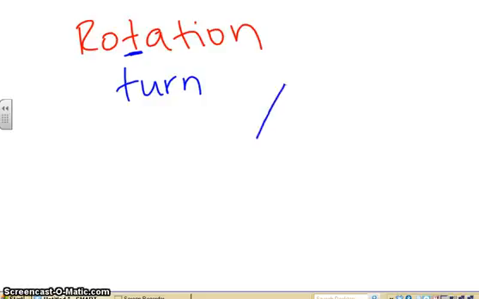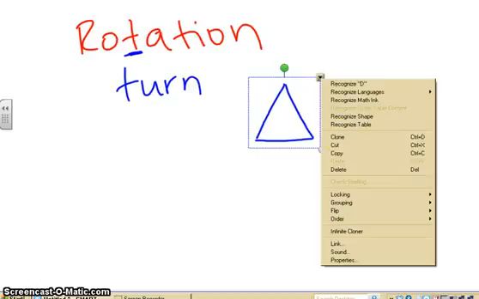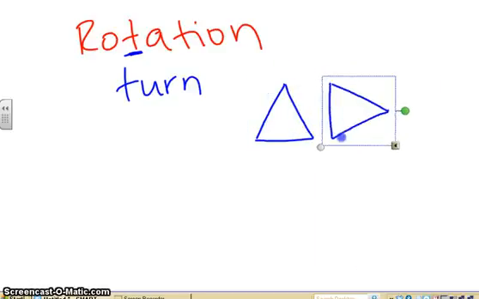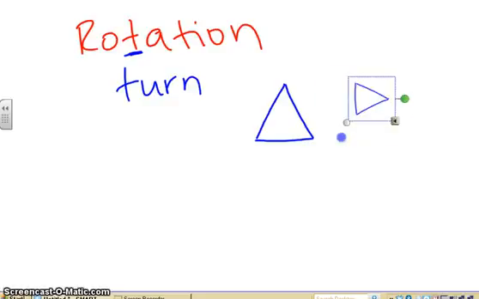So let's take that triangle that I had earlier, and when I rotate it, I'm going to take that triangle and turn it. And there's my rotation. You see it's the exact same triangle and all it did was turn. This, again, just like before, would not be a rotation because that is a different shape. They're different sizes, so we cannot say that one transformed into the other.